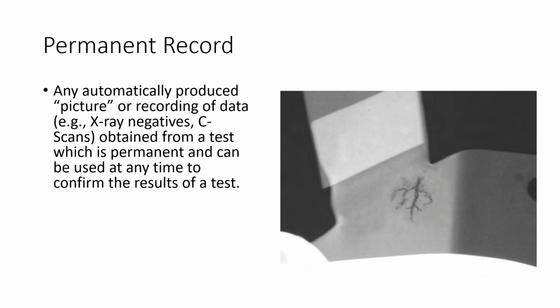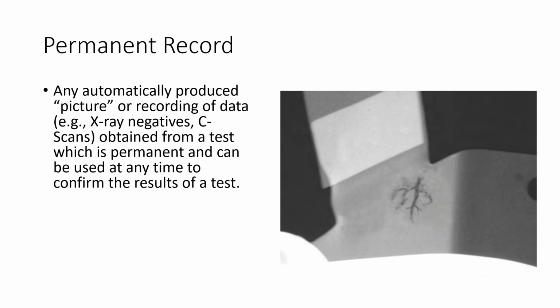So permanent record, this would be something like an X-ray, or let's say now with cell phones, we take a picture of something. We do visual testing and there's a flaw, a defect that we need to remove. Then we can relook at it and confirm, yeah, that's a defect that we need to take out.